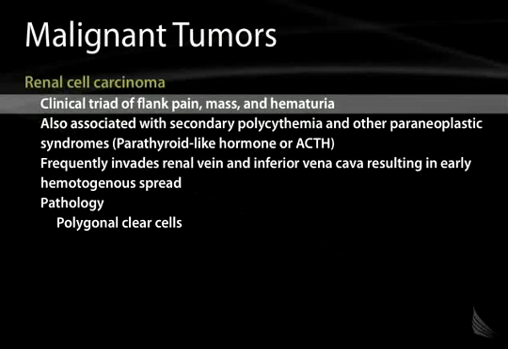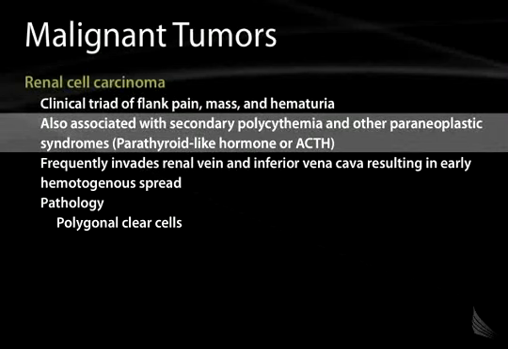Now, clinically, they present with this triad of flank pain, a palpable flank mass, and hematuria. Now, there are several paraneoplastic syndromes associated with this disease, including secondary polycythemia, which results from unregulated production of erythropoietin or erythropoietin-like molecules. And you can also get hyperparathyroidism from a paraneoplastic production of parathyroid-like hormone, or you can get overproduction of ACTH-like hormone to give various endocrine paraneoplastic syndromes.